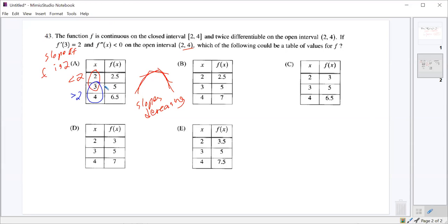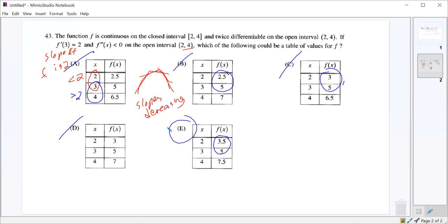So if we look at the slope between 2 and 3, it should be 2.5. Right, so it's not this one because that's not less than 2. If you look at this one, that slope is 2.5 again, so not this one. If you look at this one, that slope is 2. It's not that one. If you look at this one, the slope is 2, so not that one. If you look at this one, the slope is 1.5.